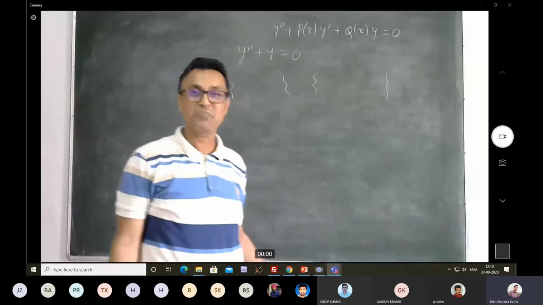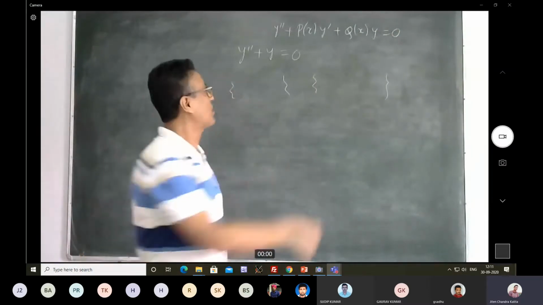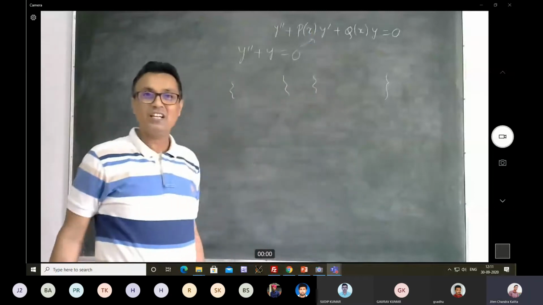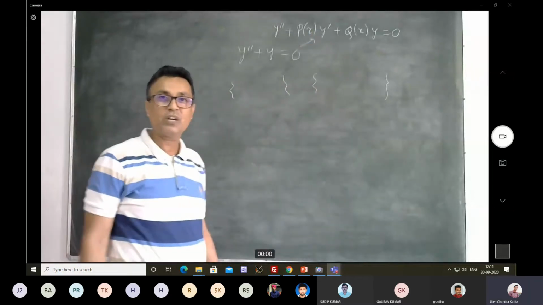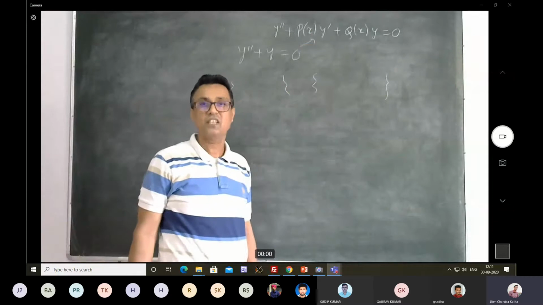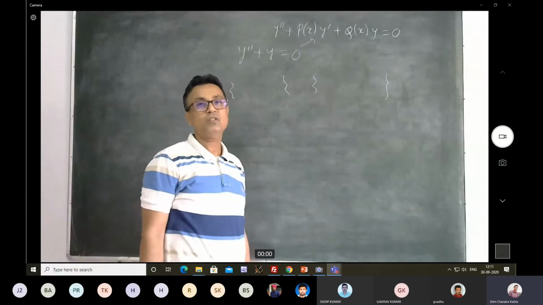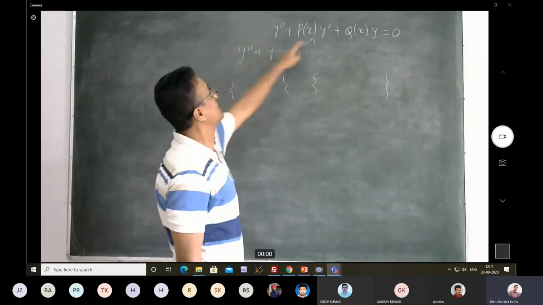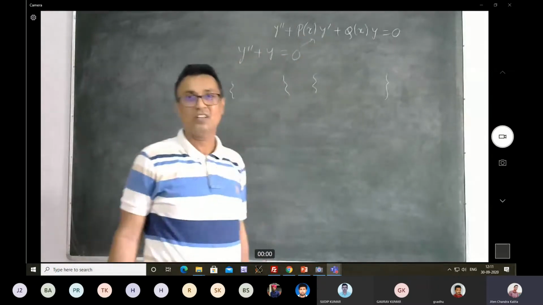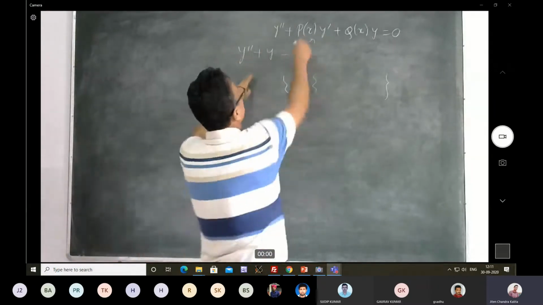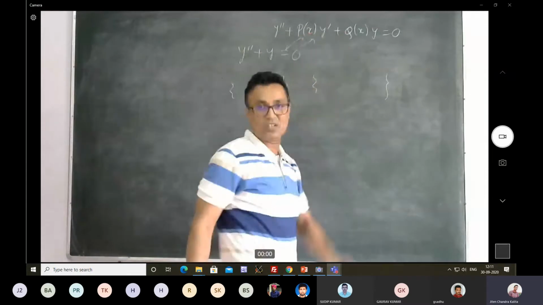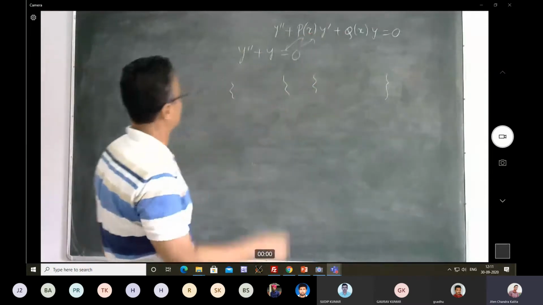It is not like that. If p(x) is 0, probably you would have figured it out. In that particular exercise, where you can uniquely determine P and Q in terms of your fundamental set of solutions, I told you that P(x) and Q(x) are 1. But in fact, if you compare this one with this, then your P(x) is 0 and Q(x) is 1. Okay, so that is one thing.